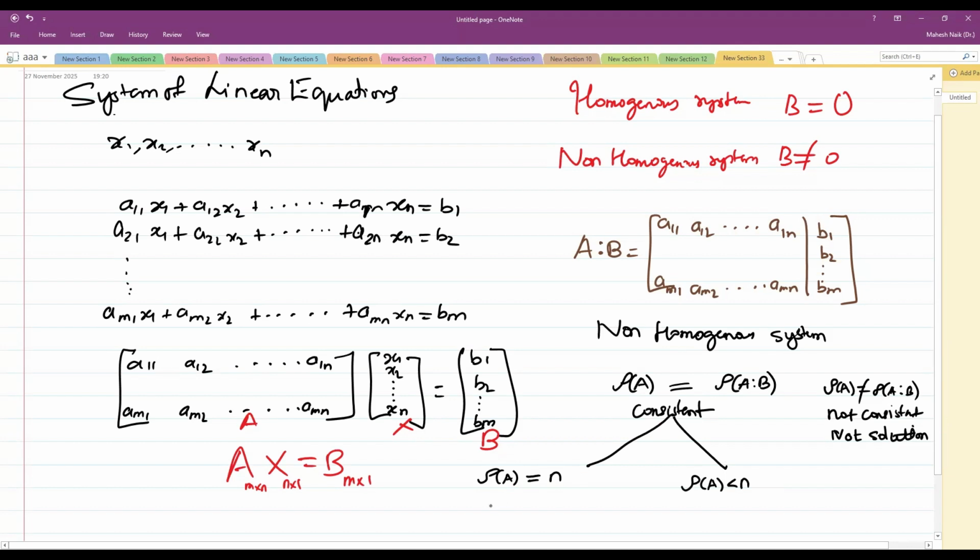If it is equal to n, we get a unique solution to the system, and if it is less than n, then we'll have infinitely many solutions. So we'll have free variables, which will give us infinitely many solutions to the system. So any question till now?